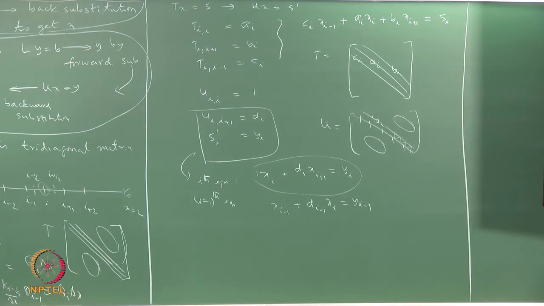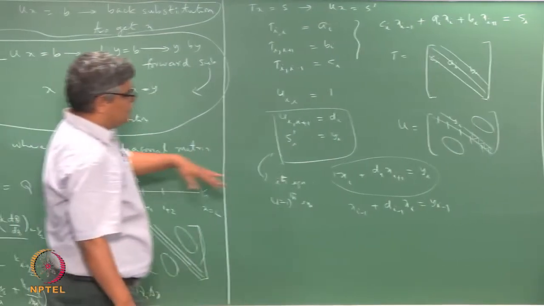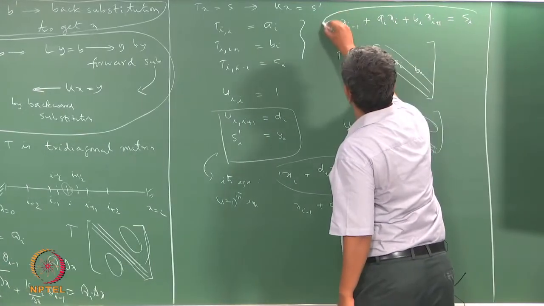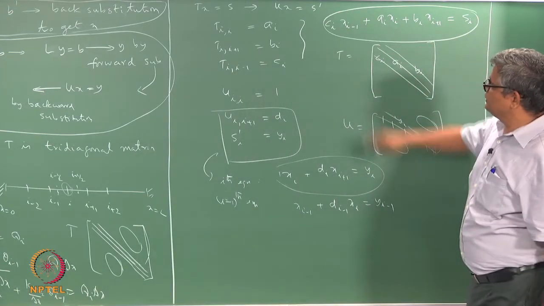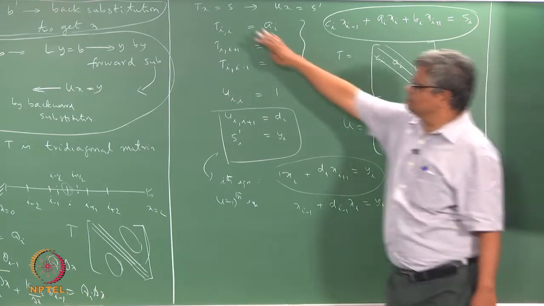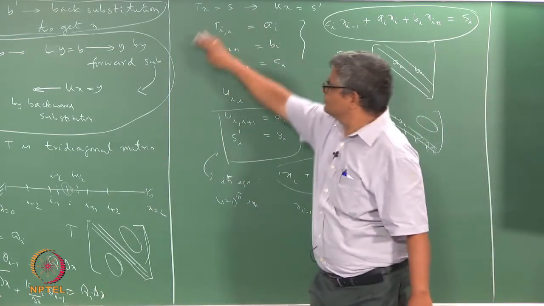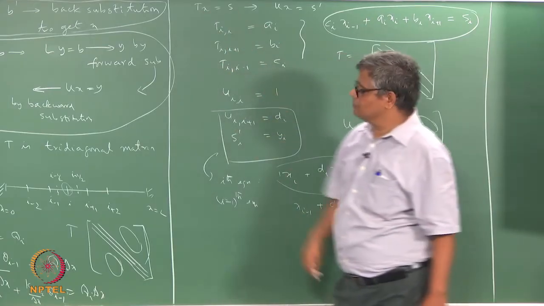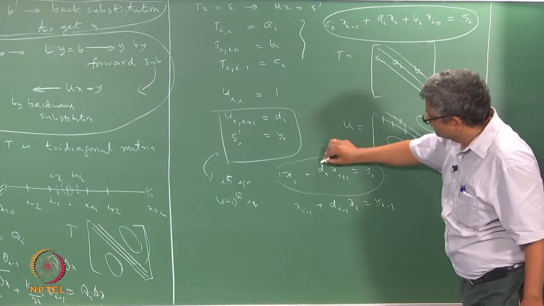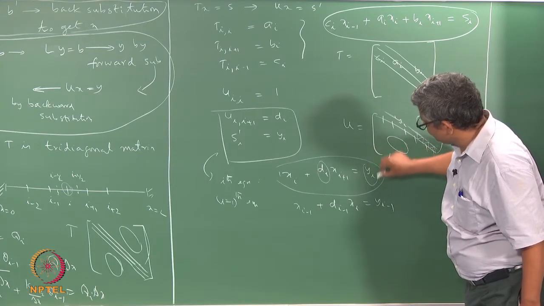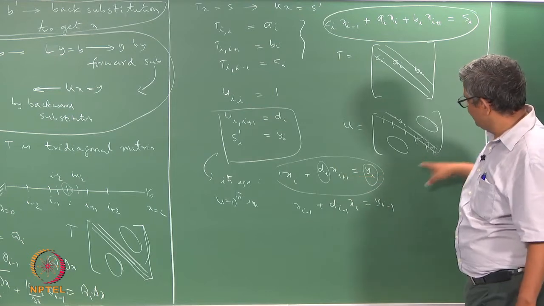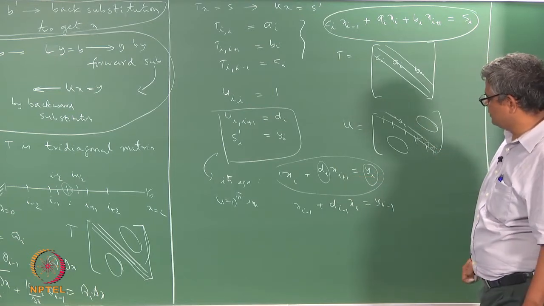So now what we would like to do is to convert this equation, in which we already know ci, ai, bi, si, because that is what we have derived here. So all the coefficients in this T are known. We want to convert this into this form and determine this di and yi for each of these equations, because once we do this, then it is possible to do this back substitution here.